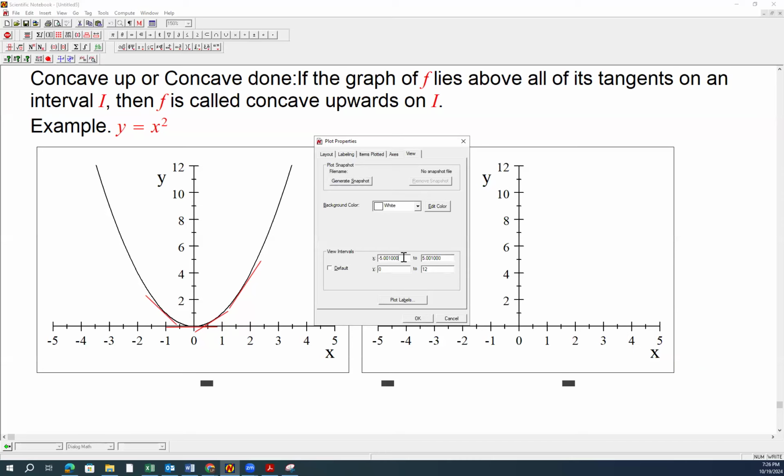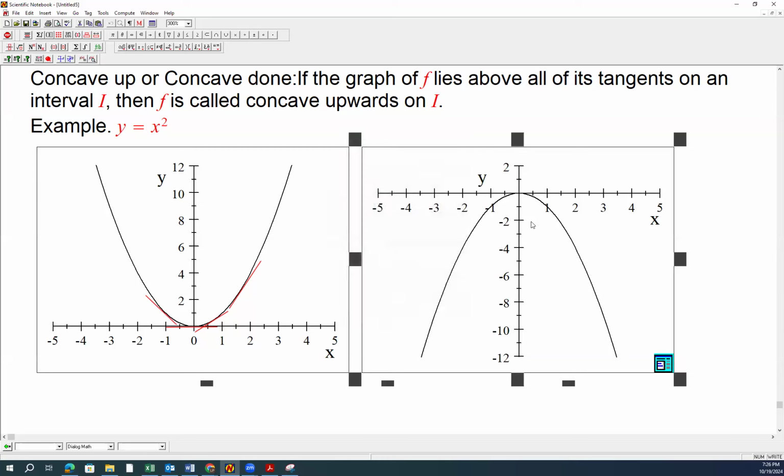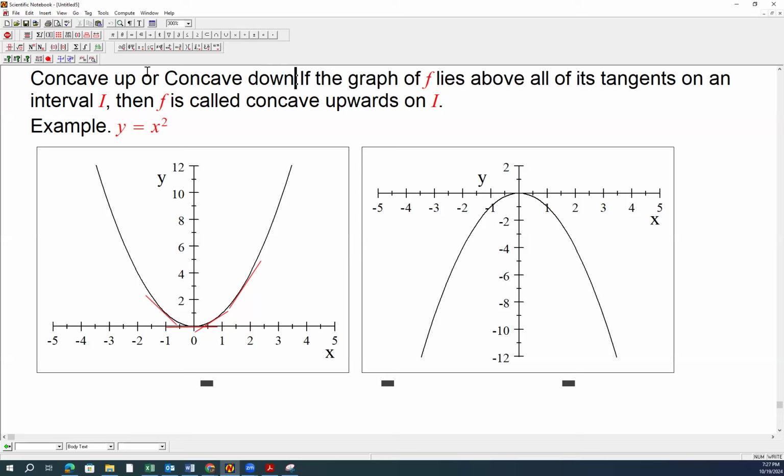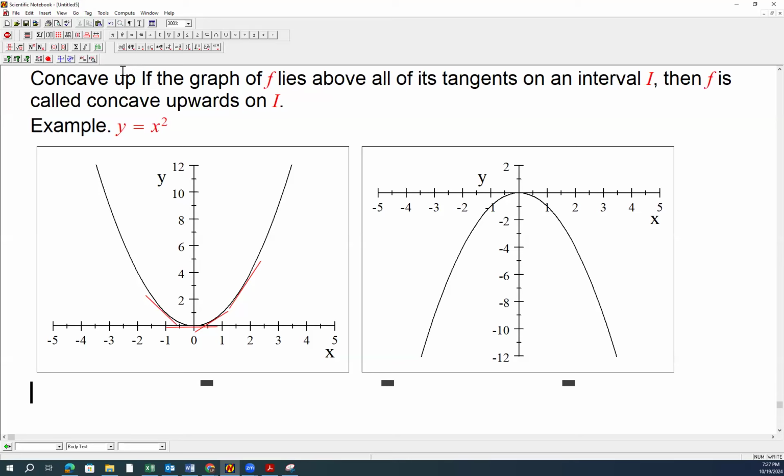You can see in this case, all the tangents will be above the curve, and this will be concave down. So this is concave up, and this is concave down. So what's the definition of concave down? So let's write down concave down.